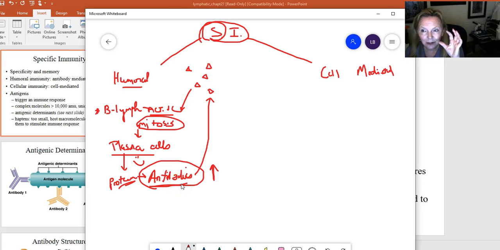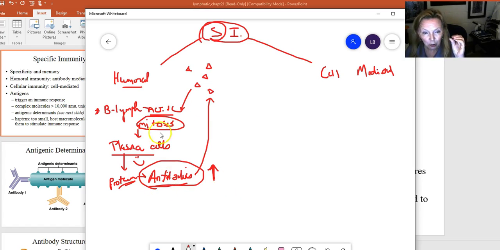But as soon as that starts to happen, the damage that these foreign antigens were doing, the signs and symptoms that you were having, are going to start to get better. You're starting to get better. So as your amounts of the antibodies go up, your signs and symptoms of the disease are going away.